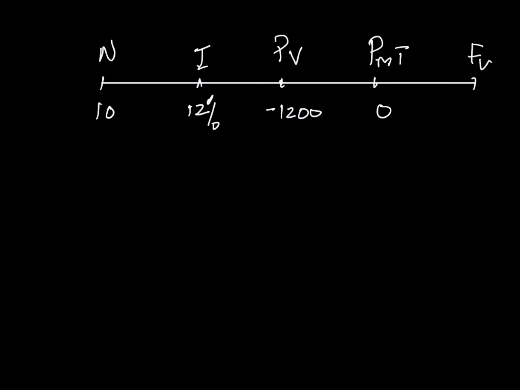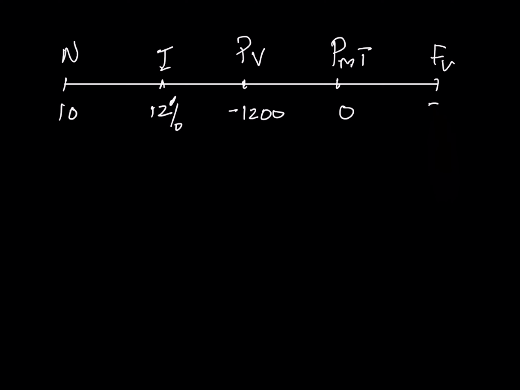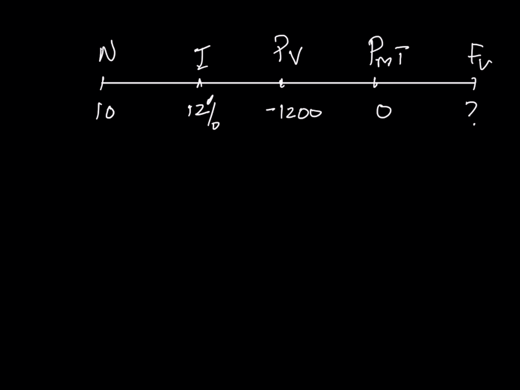And now, how much interest will you earn in those 10 years? We don't know the future value yet. So this is the information that we have in the problem that we have to solve.